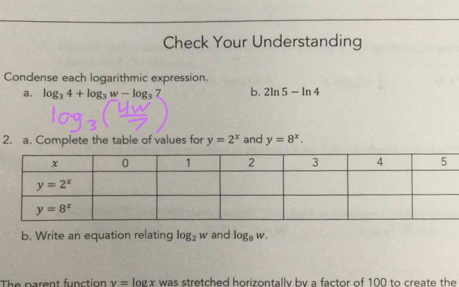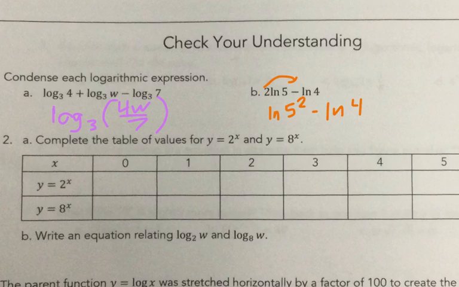Okay, what's different here about B? It has a 2 out in front. So if I'm going to rewrite the logs, that has to become an exponent. So this is actually a 2-step problem. This is the natural log of 5 squared minus the natural log of 4.